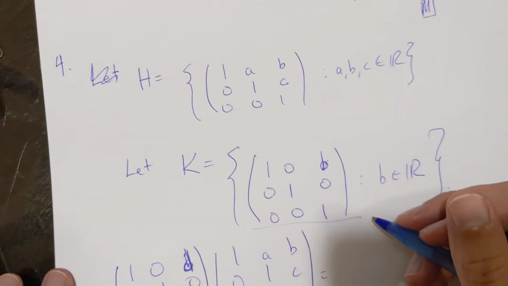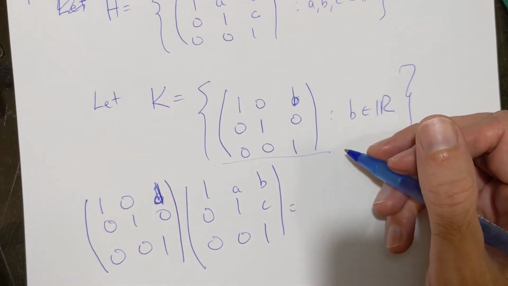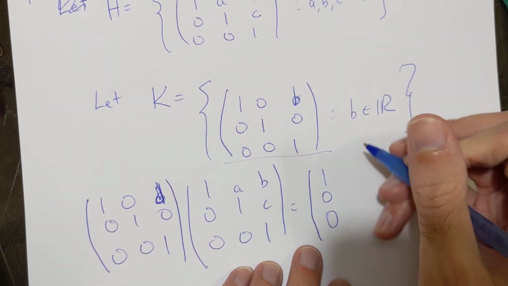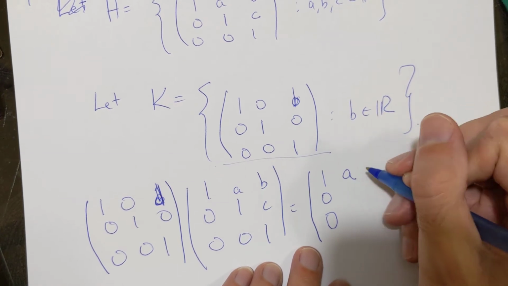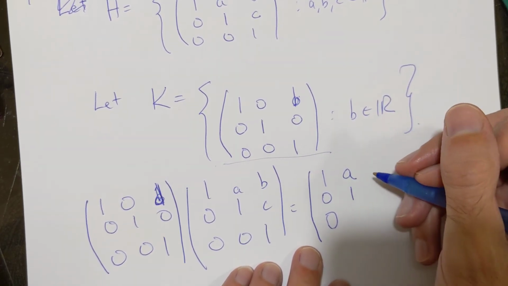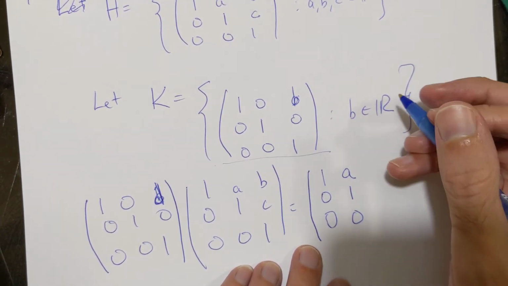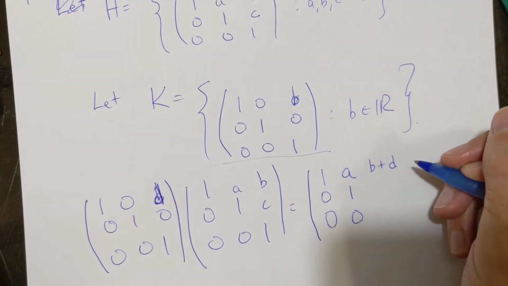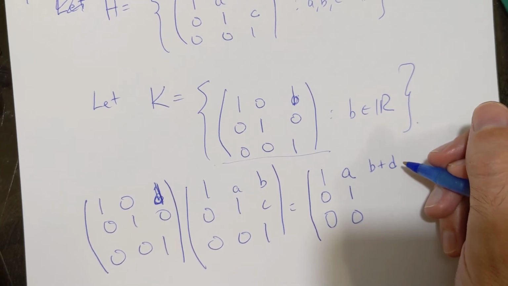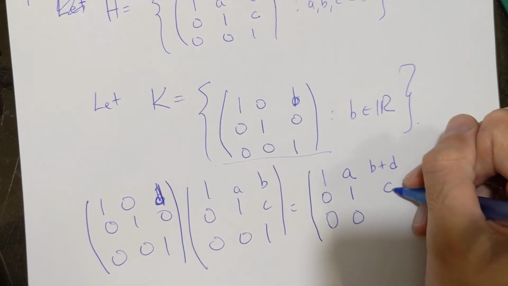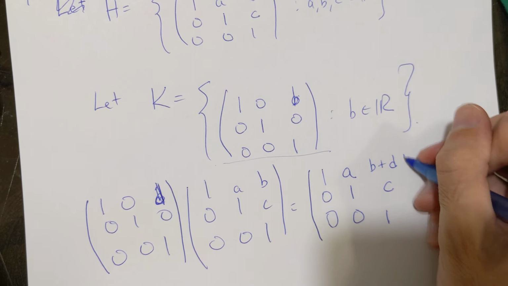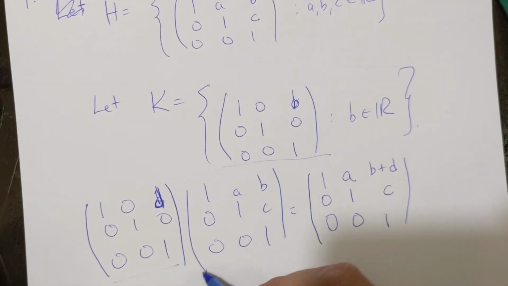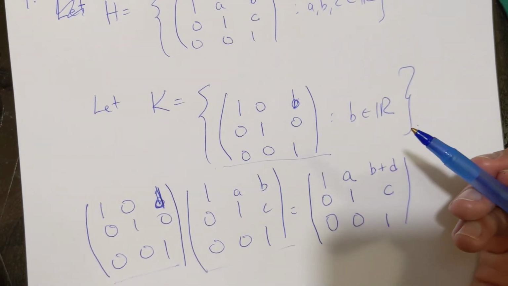So to compute that, it's this matrix and this matrix, and we have to do it the other way.